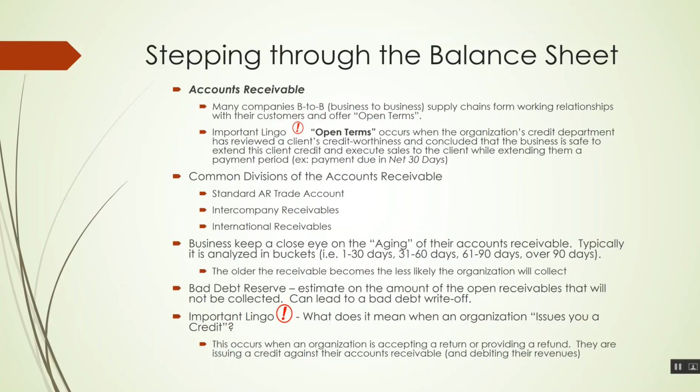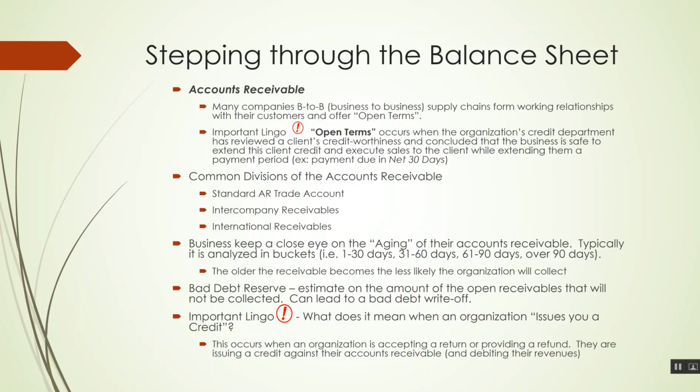Sometimes right in the balance sheet, in the accounts receivable section, you might see an account referred to as the bad debt reserve. In a large business in particular, oftentimes the finance department will look at the overall composition of their receivables and make an estimate based upon our history and the credit rating of all the people we're doing business with.